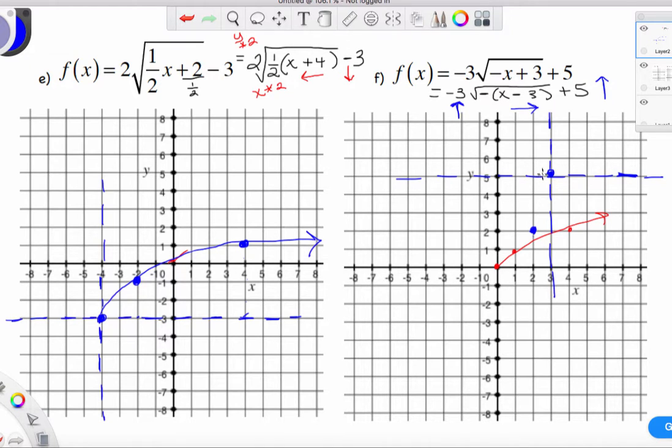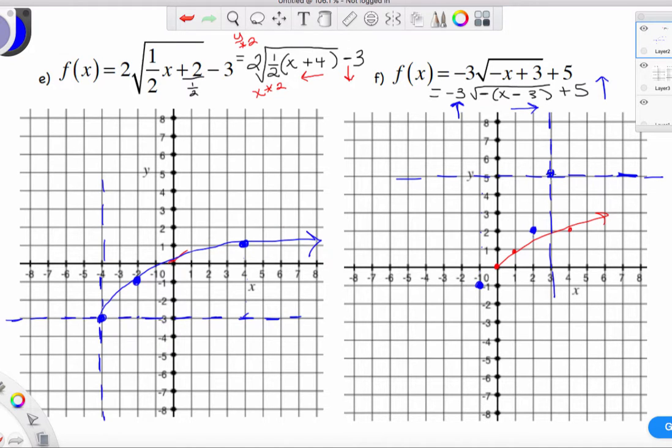And then instead of going over 4, down 2, I'm going to go left 1, 2, 3, 4, and I'm going to triple that amount. So that's 1, 2, 3, 4, 5, 6, and then I'm going to put a dot.